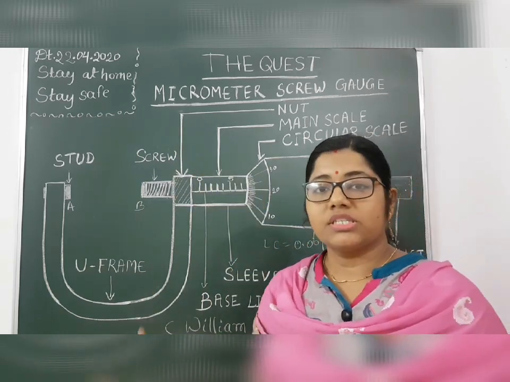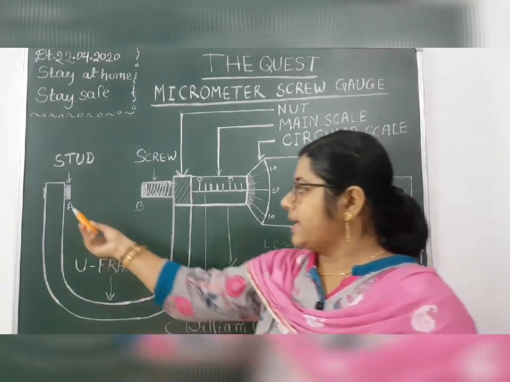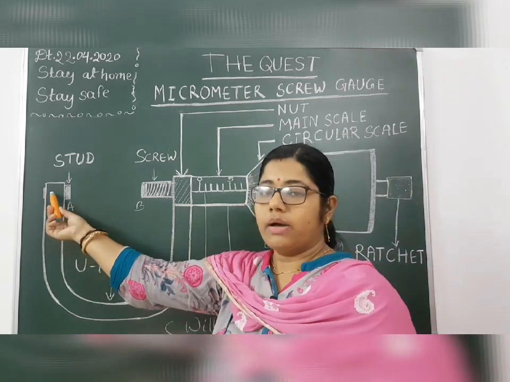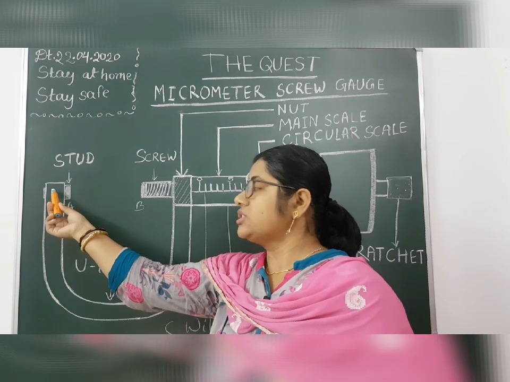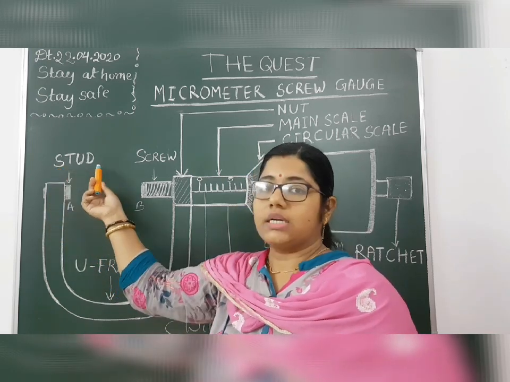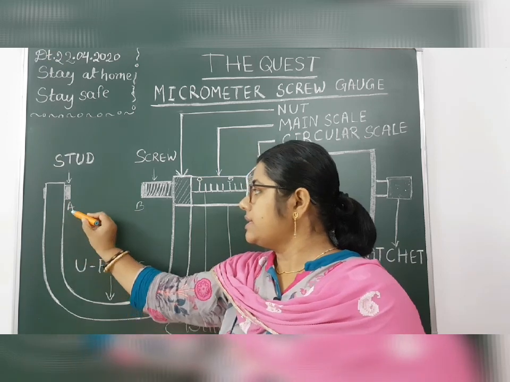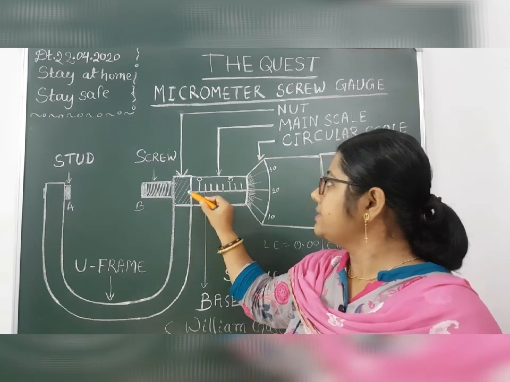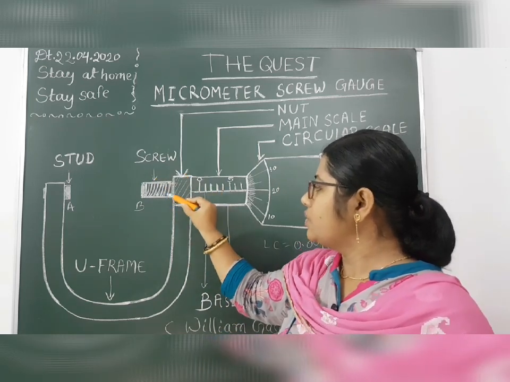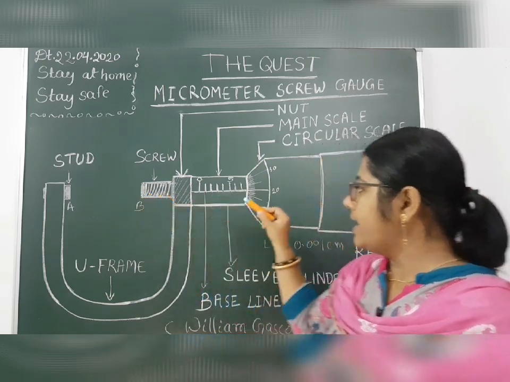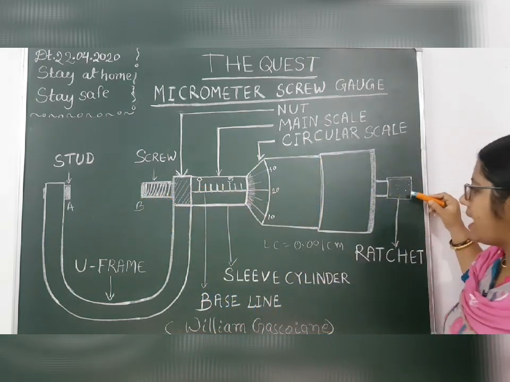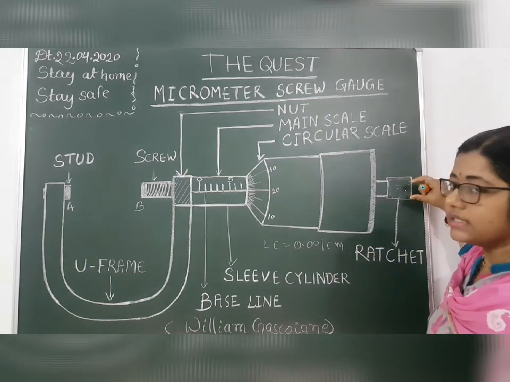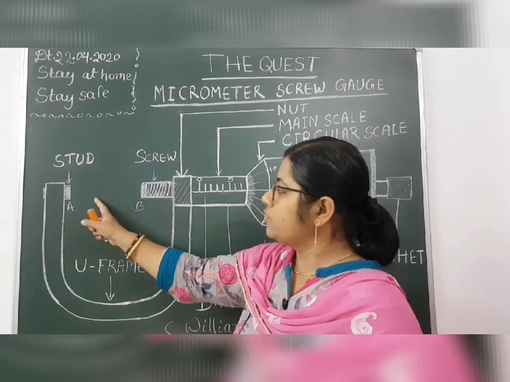Now let us quickly come to its construction. It has a U frame which is made up of steel, and to its U frame, at its one end is a fixed screw, which is called as stud, which I have named as A. On the other part, it has a screw which moves to and fro as it is connected to this ratchet through a spring, so that whenever the ratchet is rotated, it will move to and fro.